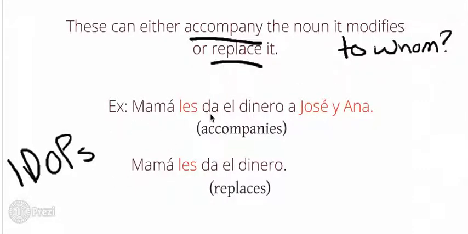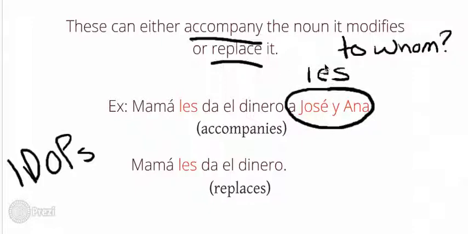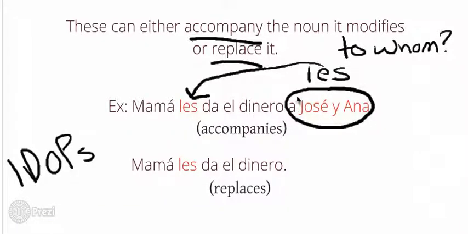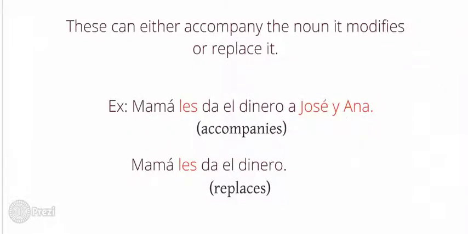Mom gives the money to whom? Jose and Ana, okay? In this case, we put the les before the conjugated verb, but we left Jose and Ana there to clarify. This is who she's giving it to, okay? But if we wanted to replace Jose and Ana and just say Mom gives them the money, get rid of it. Mamá les da el dinero. Either way is correct.